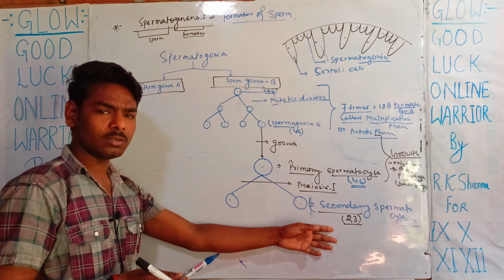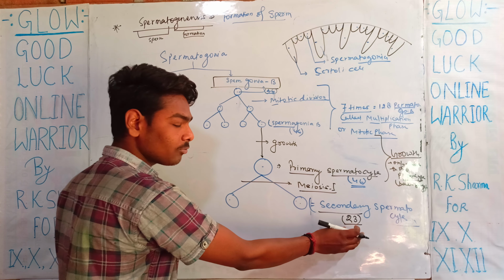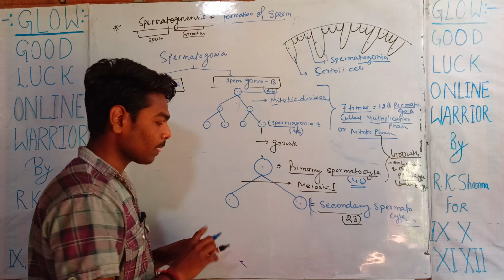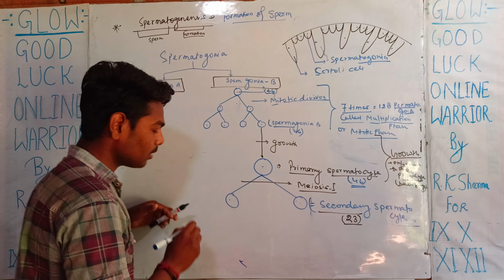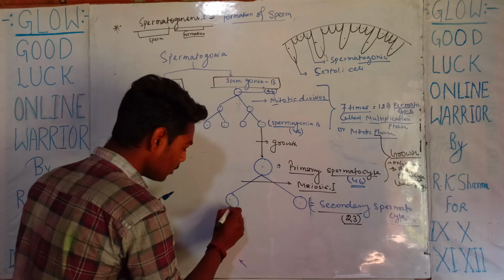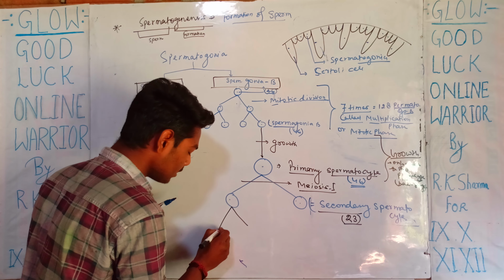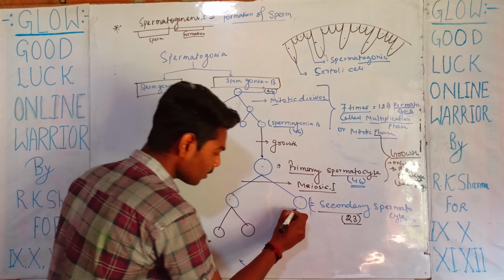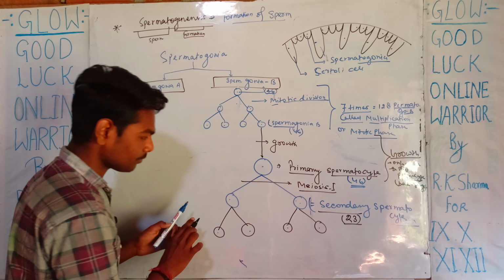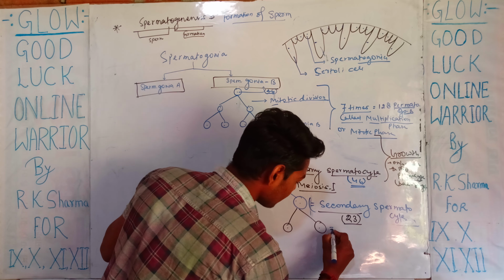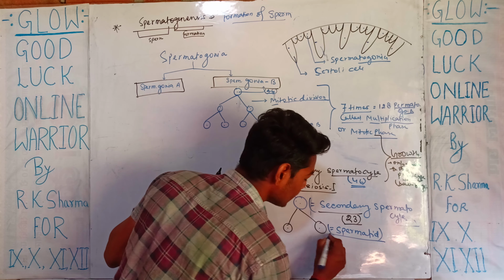It may be 22 plus X or 22 plus Y, but the number of chromosomes is 23, because the number of chromosomes becomes half due to meiosis division. Then this secondary spermatocyte again undergoes meiosis division and forms spermatid.